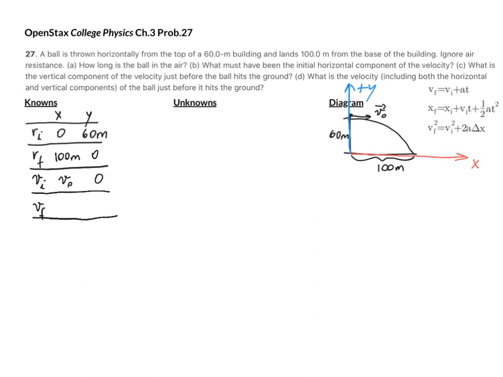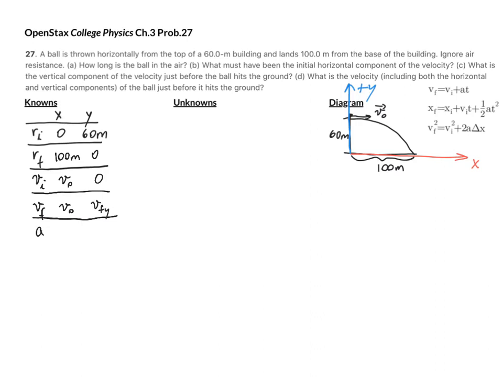We don't know anything about that as the problem states it, but from theory we know that since there is no air resistance, the x component of the initial velocity has not changed. So we still have v naught as our x component for even the final velocity. And we do not know what v final y is, so I'll just call it v final y here.